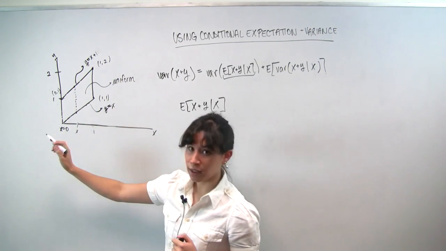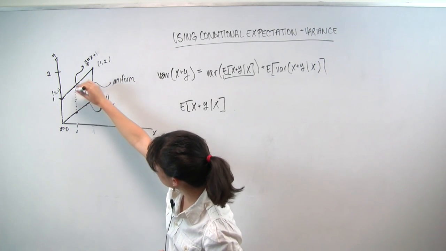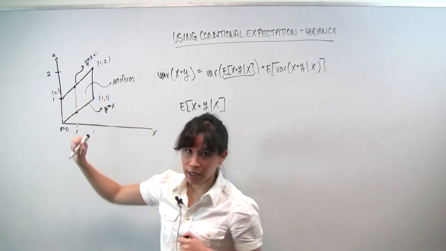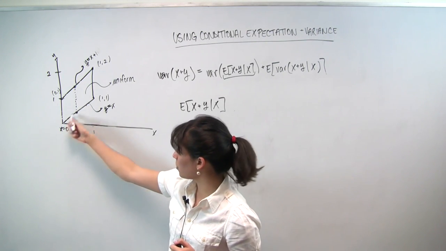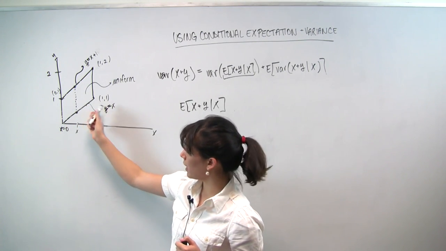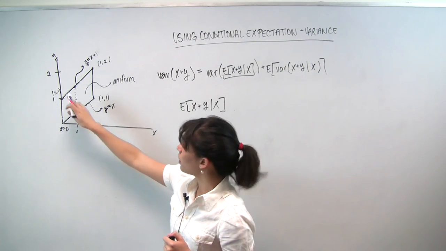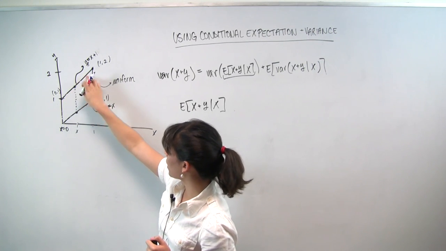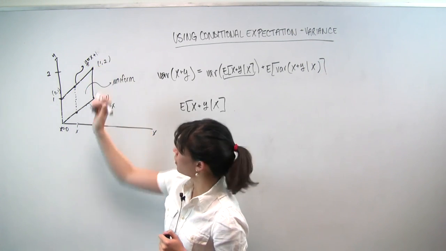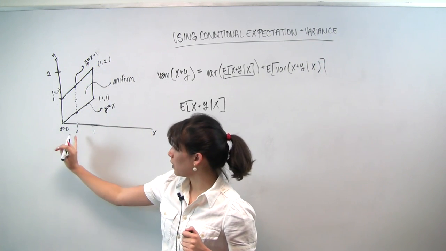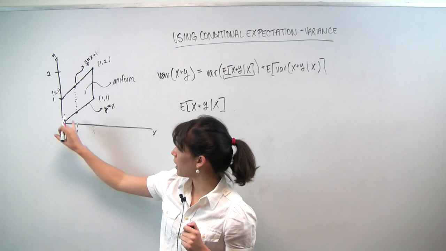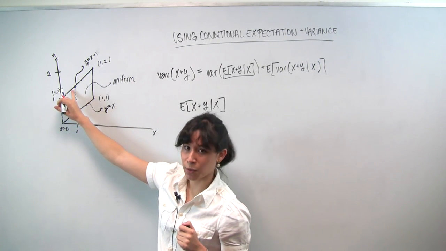So y can only vary between this point and this point. I've already written down here that the formula for this line is y equals x, and the formula for this line is y equals x plus 1. So when we condition on x, we know that y varies between x and x plus 1.